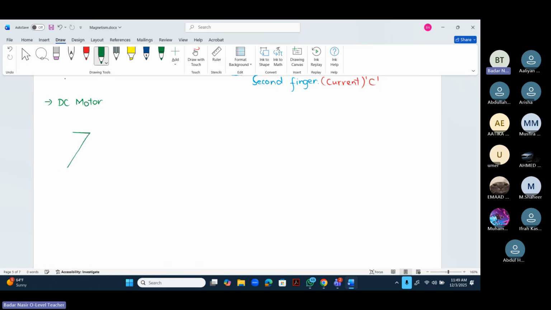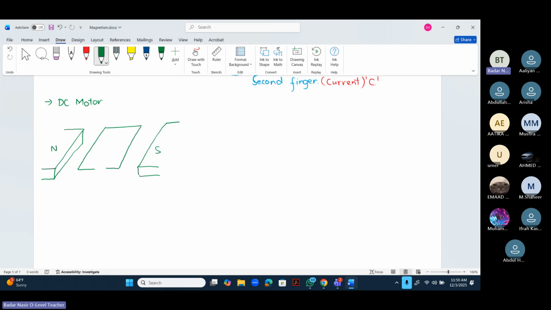We have two magnetic poles. These are the two magnetic poles. A north and a south pole. We will place a rectangular coil between them. So this is a rectangular coil.